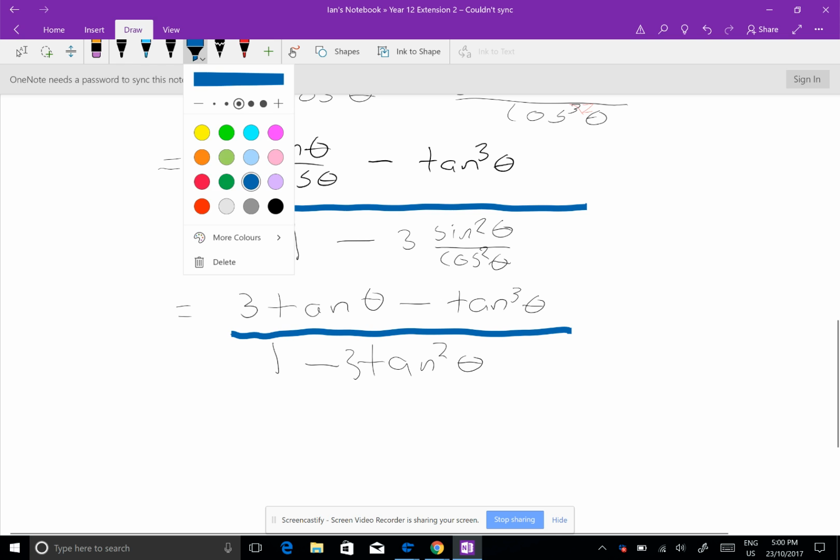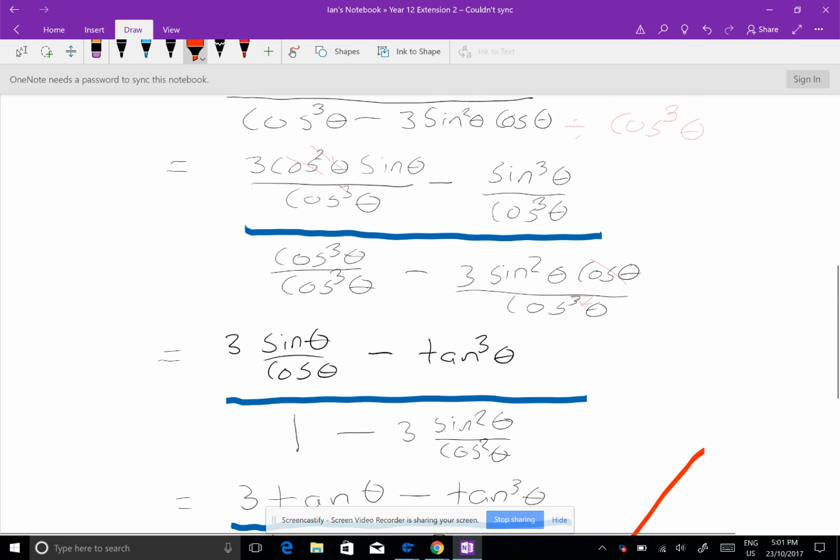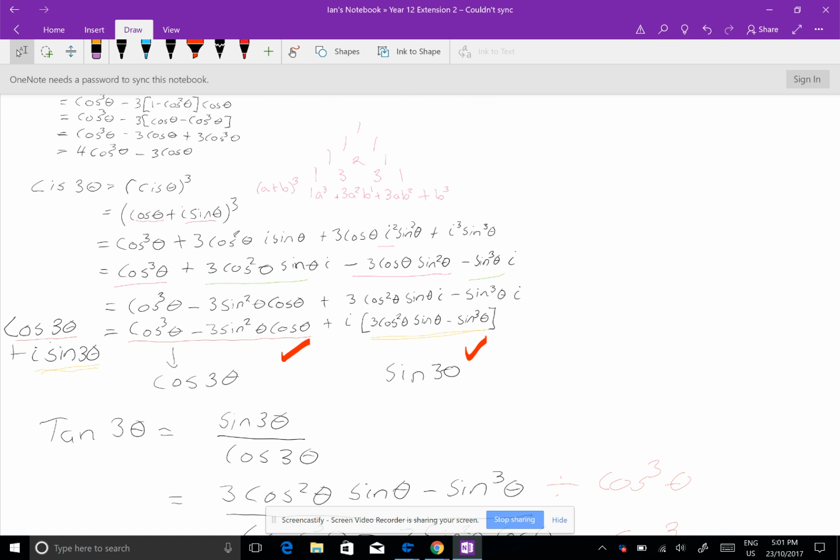So what you need to do now is go and do the same things for 4 theta and 5 theta. And using de Moivre's theorem gives you 2, both cos theta and sine theta, by equating the real and the imaginary parts.